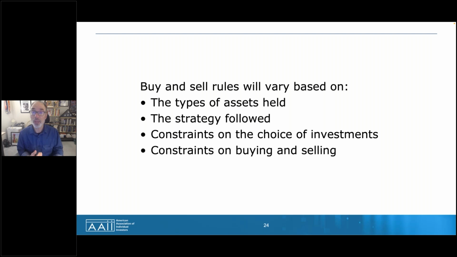You may also have constraints that govern your rules. Perhaps you're working for an employer that puts restrictions on how often you can trade. That will influence your buy and sell rules. Or perhaps you have a mutual fund with an end load and you can't sell it for X number of days or months. That plays a role in your buy and sell rules.